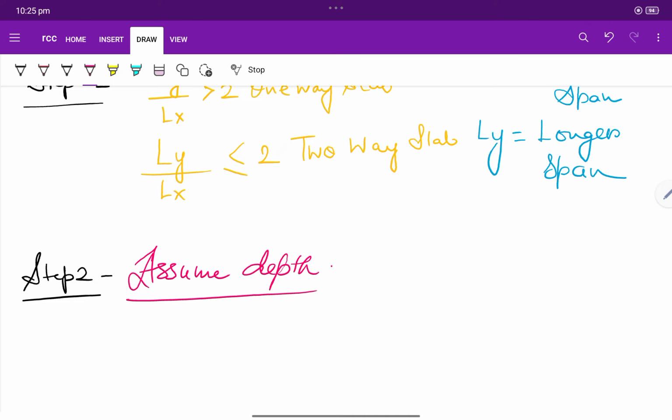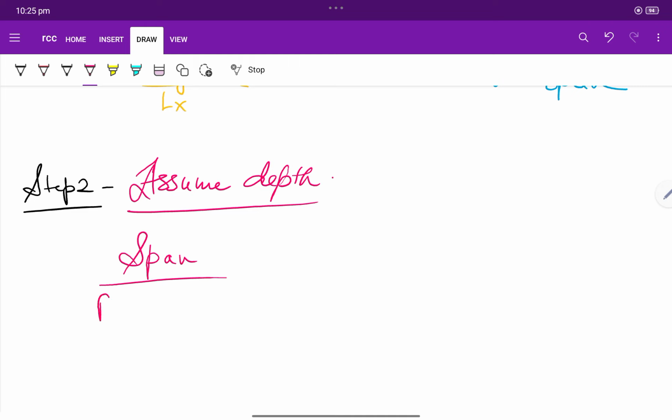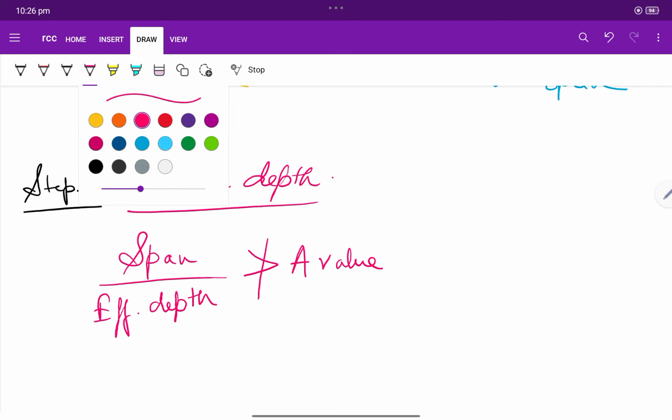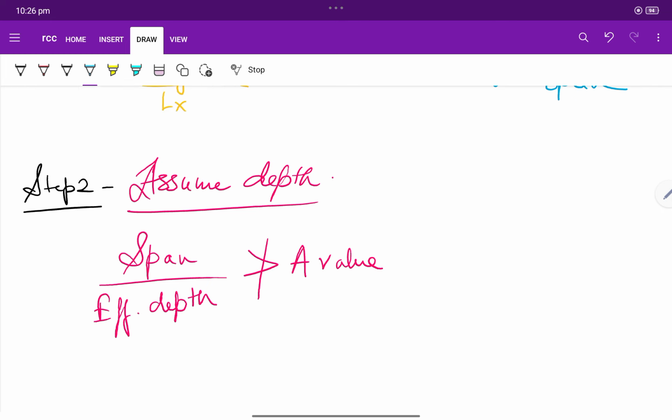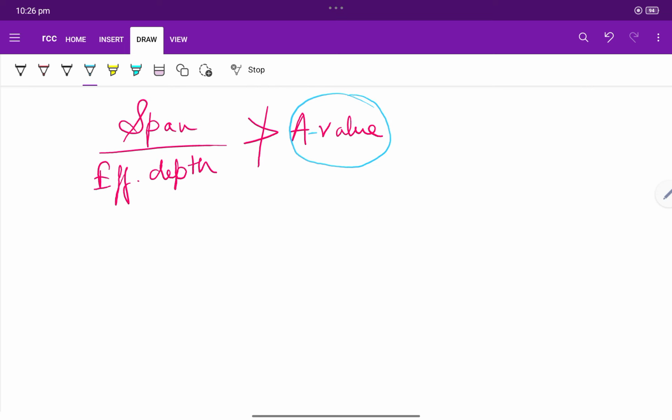Let's see that. We will assume it by span divided by effective depth. Effective depth should not be greater than a value. So what is this a value? We will see that.